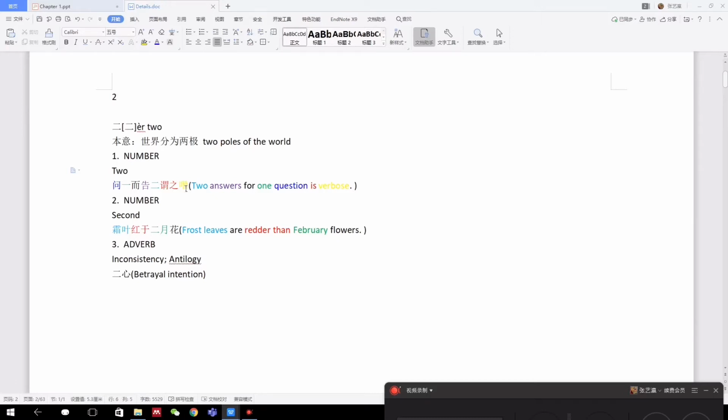And it can also mean second. This is a poem: 霜叶红于二月花. Frost leaves are redder than February flowers. 霜叶 is frost leaves. 红于 is redder than. 二月 is the second month, February.